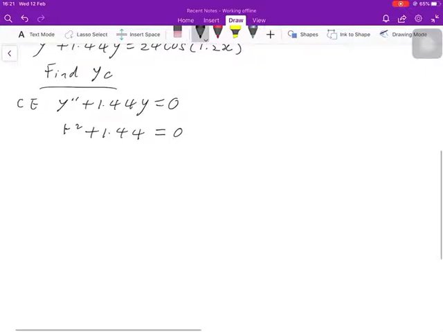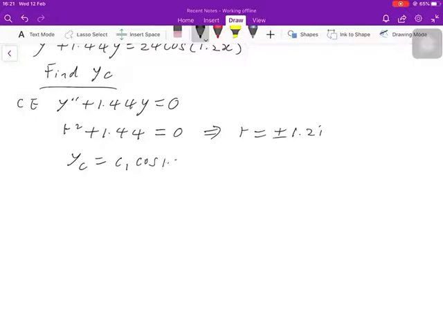From this, the roots will be complex numbers, plus minus 1.2i. So the yc will be equal to c1 cosine 1.2x + c2 sine 1.2x. This is the complementary function.